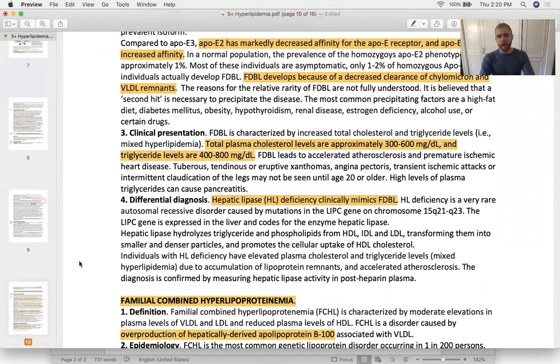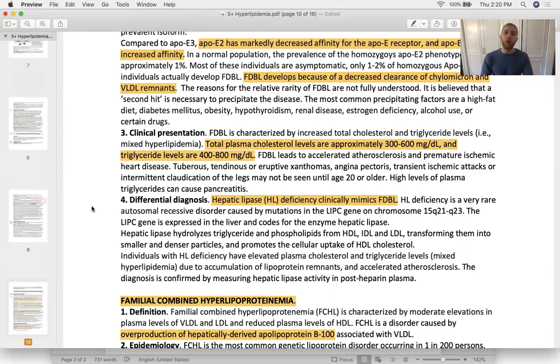Symptoms are, again, broad and characteristic of just about any syndrome with high cholesterol. You see xanthomas, you see accelerated atherosclerosis, premature ischemic heart disease. Another thing I picked out of this paragraph was that hepatic lipase deficiency mimics familial dysbetalipoproteinemia. And what a lipase does, anytime you see lipase, you know that that's going to be cutting a fat molecule. And fats are stored as esters.